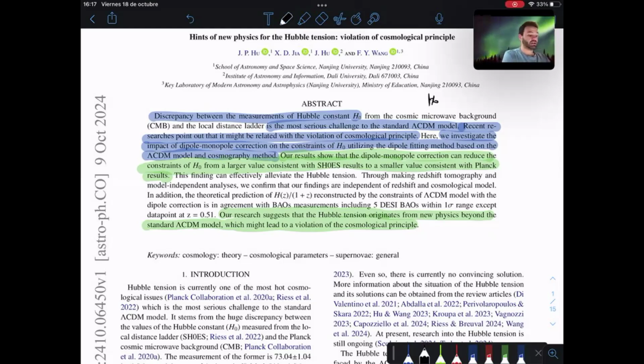And this H naught value has been measured in two different ways. One is using physics from the early universe, and another is using late time universe physics. The late time universe physics is related to something I talked about in the other video, which is using 2-point correlation functions and 3-point correlation functions, which use a standard ruler from the early universe known as the baryon acoustic oscillation scale.